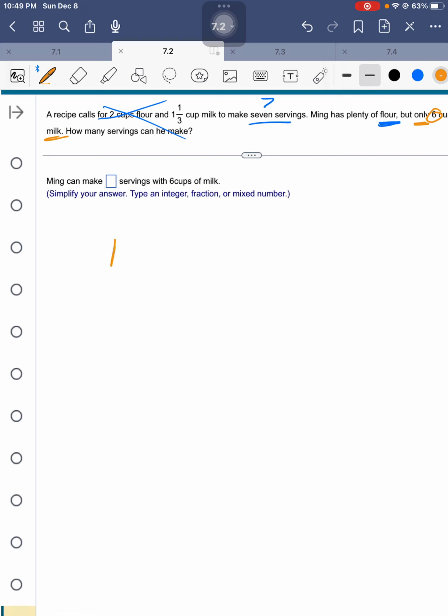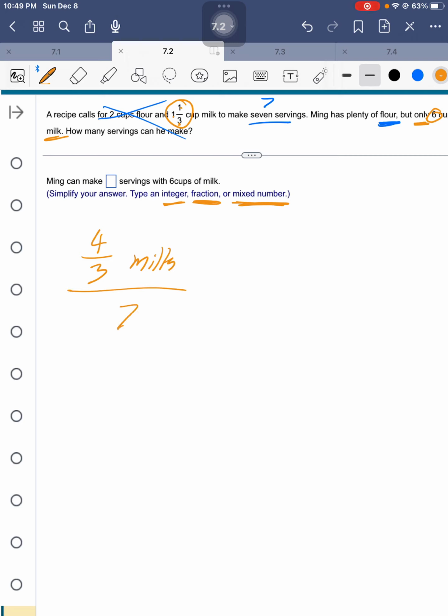So I know that 1 1/3. Since they want me to write it as a fraction, a mixed number, or an integer, if it's going to be a whole number, I'm going to write this as an improper fraction, which we know how to do. What's 3 times 1? 3 plus 1, so 4/3.